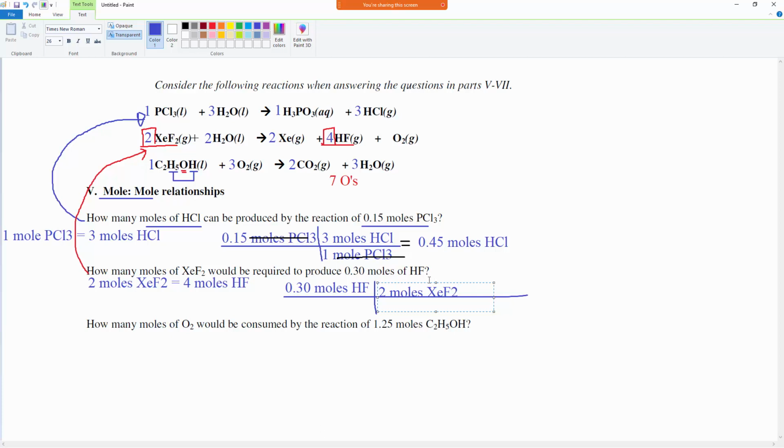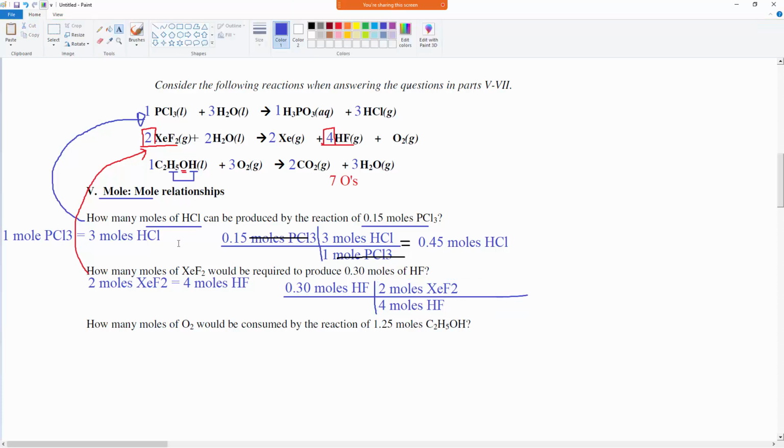And again, it's going to feel a little bit tedious, but I'm going to put the identity units of XeF2 and the measurement units of HF here. Because if I just said, well, it's a 2 mole to 4 mole relationship, well, moles cancel and I wouldn't know which goes on top, which goes on bottom, right? So I want to make sure that I keep that there.